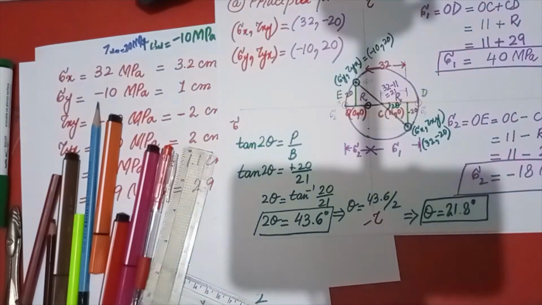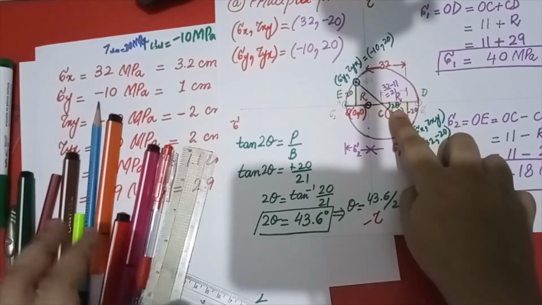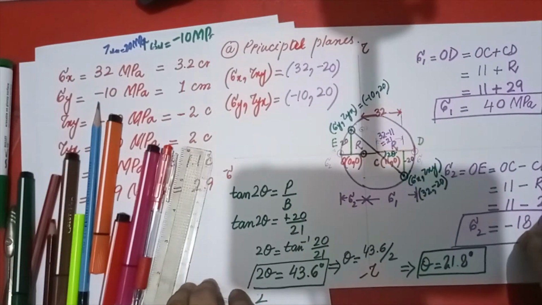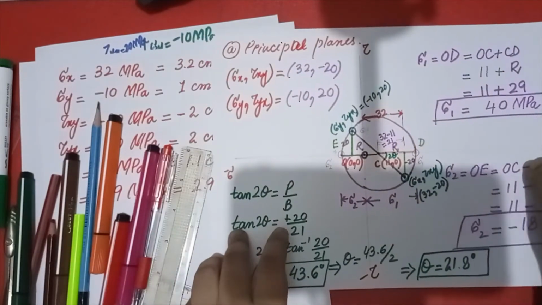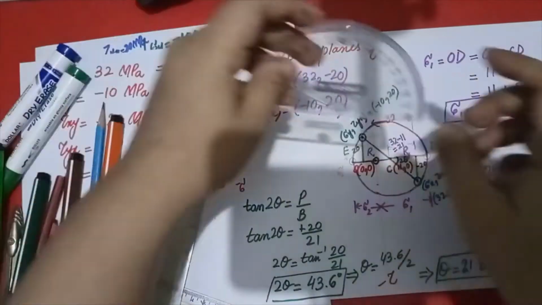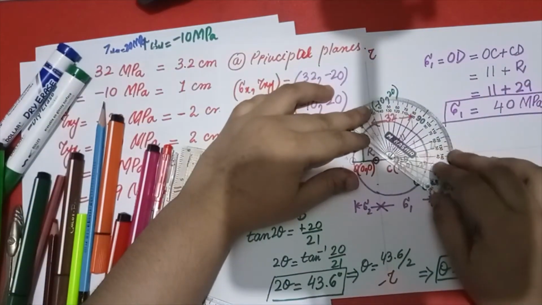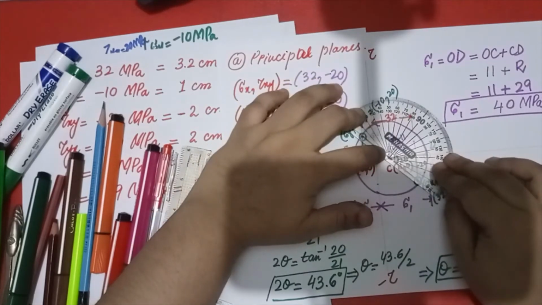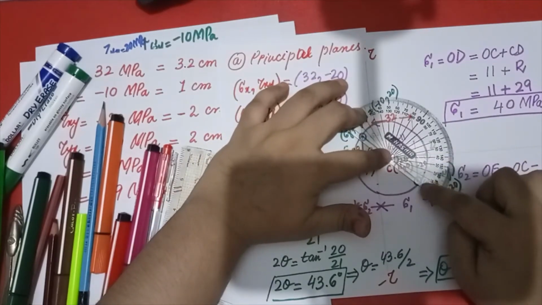Now, this is part A in which you got the value. This 2 theta is equal to 43.6 degree. If you want to check it with D, you can check it yourself whether it is correct or not. You can put your D here, and now on your axis you can measure from here till here.